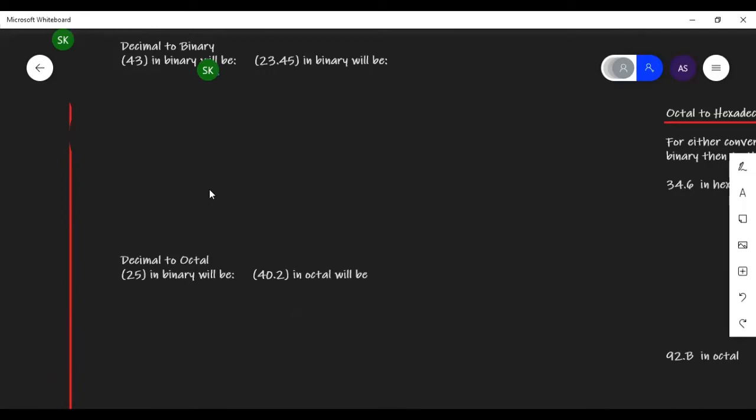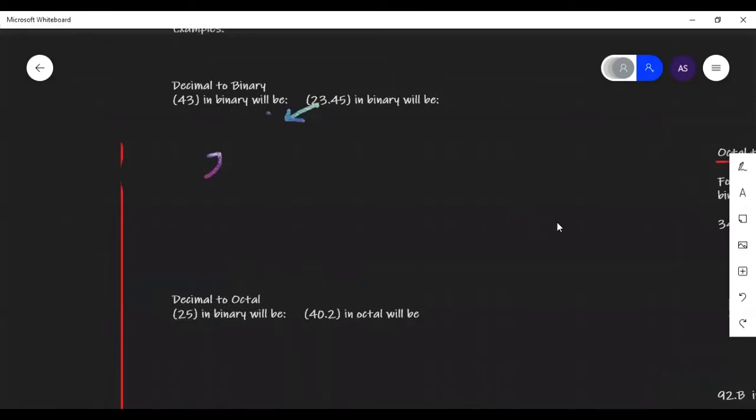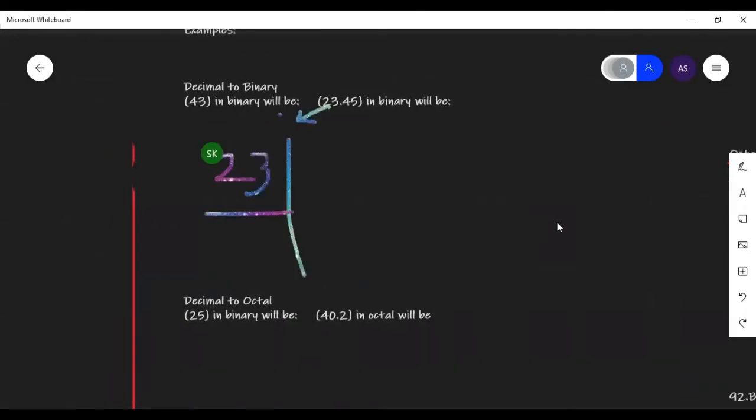So in decimal, we're going to first start by converting the natural number part. So we have 23 right here, and beneath that a table again. So we're going to start by dividing by 2.